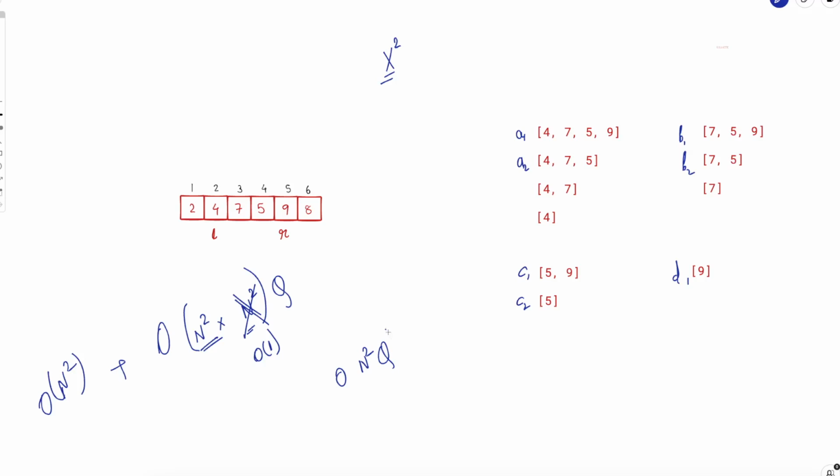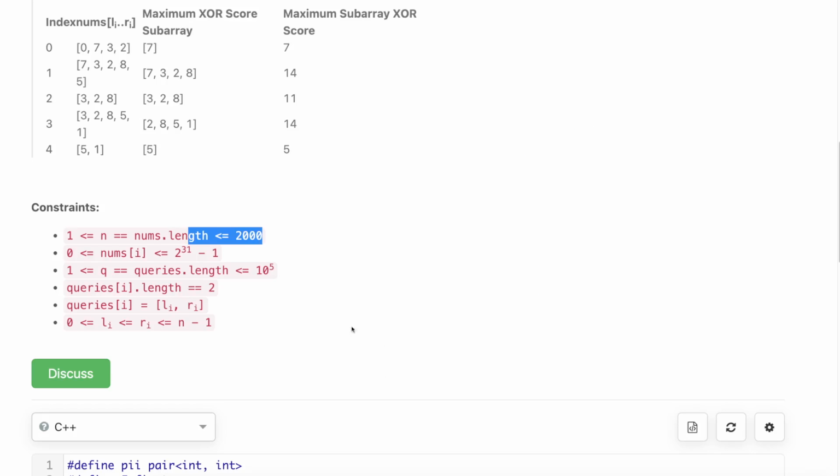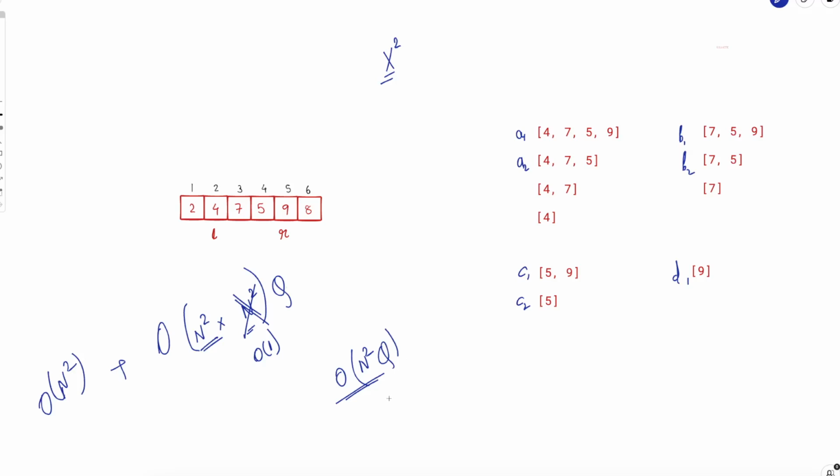Again, I am dropping n square for simplicity, but this is your overall time complexity, which is also not sufficient because the value of q is very huge. Even as I mentioned, n into q is also very huge to pass, that might barely fit in the constraint, but for now n square q is not fitting.